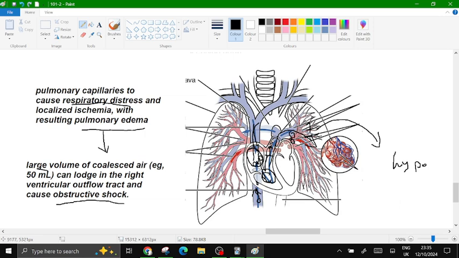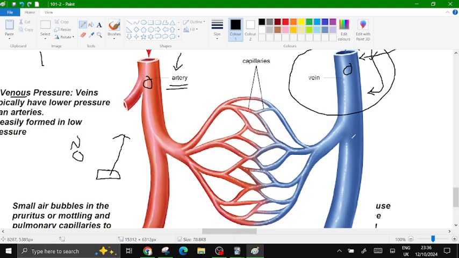This usually happens if the bubble is very large, about 50 ml, and the patient usually comes with cardiac arrest.